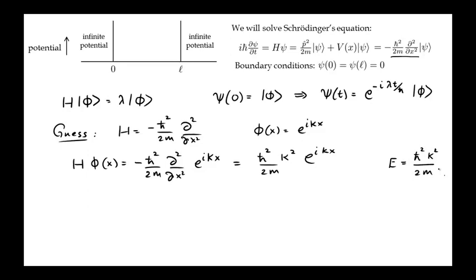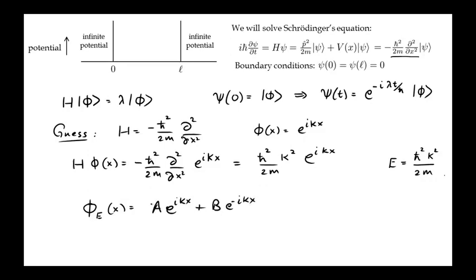Okay, and of course we have the same eigenvalue for e to the ikx as we do for e to the minus ikx, and therefore we have an eigenspace, and so our solution is going to be of the form phi sub E of x is A times e to the ikx plus B times e to the minus ikx.